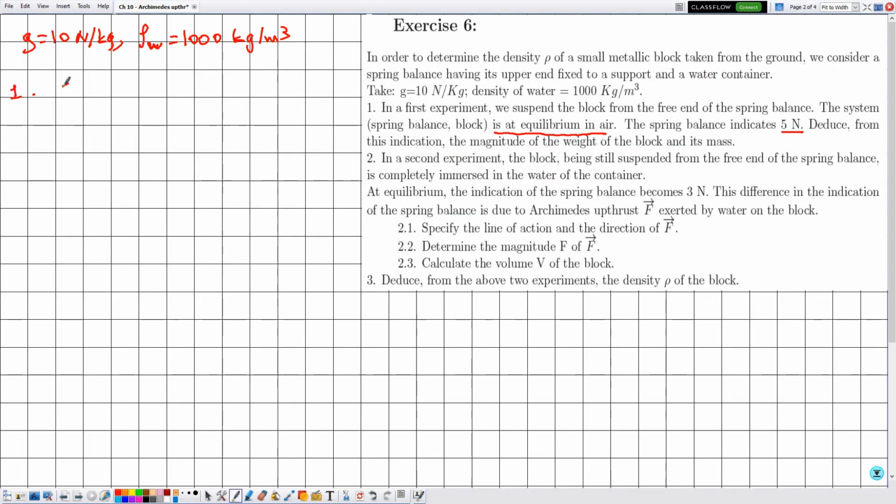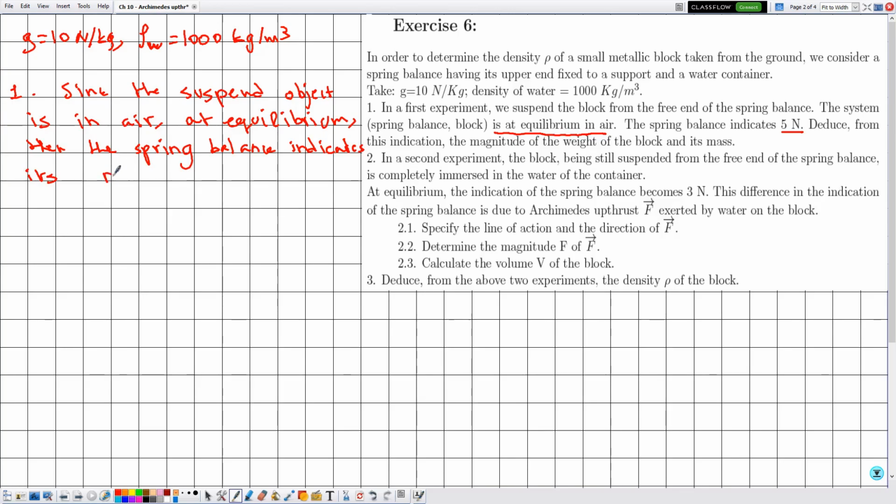Then let's justify, since the suspended object, here they are not naming it S, but it's okay, the suspended object is in air at equilibrium, then the spring balance indicates its real weight, which is given by the real weight is equal to 5 newtons.